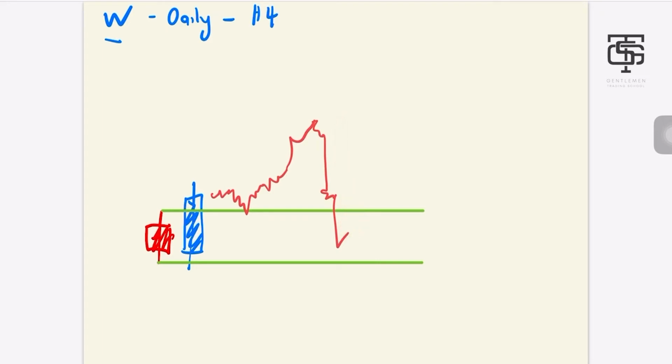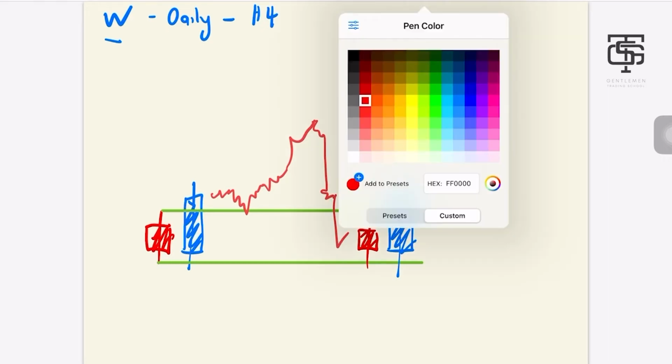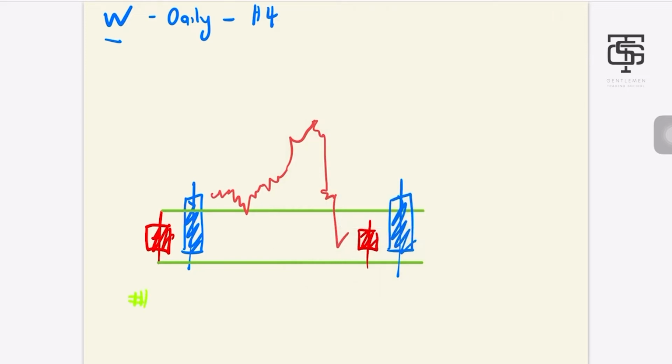What we have to do is wait for price to close inside the zone as another bullish engulfing. When this happens, you can say that you have a setup from the first engulfing buy with the second engulfing buy.